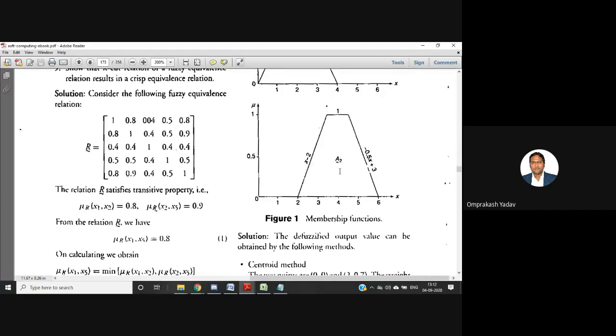This is A2, and this is minus 0.5x plus 3.